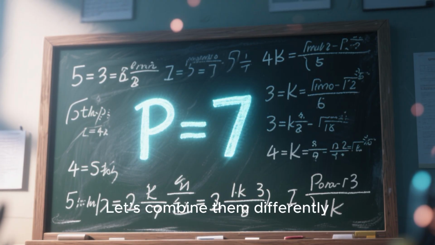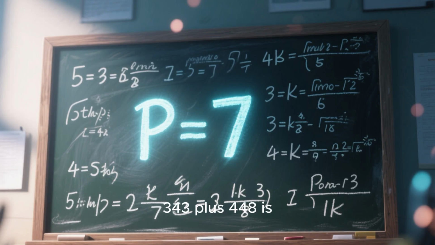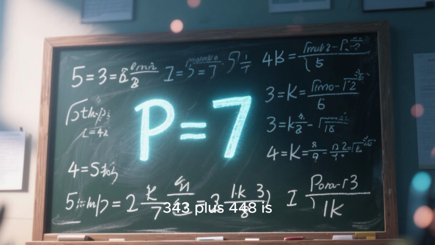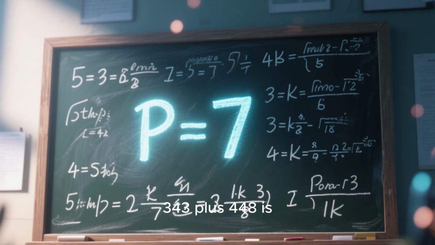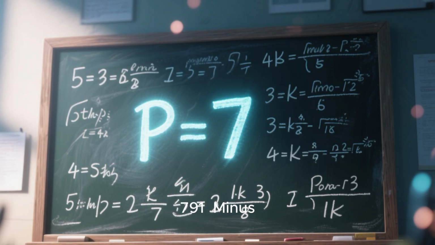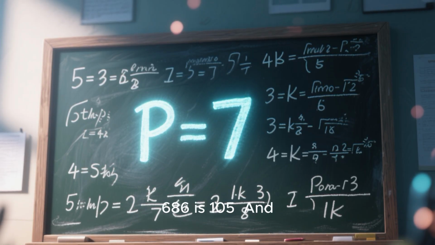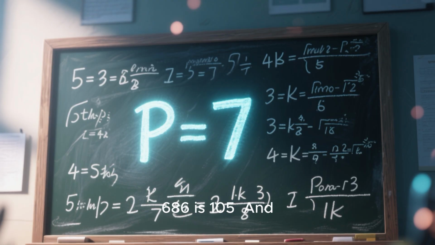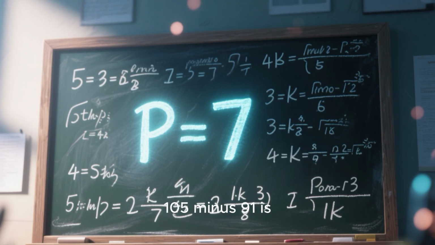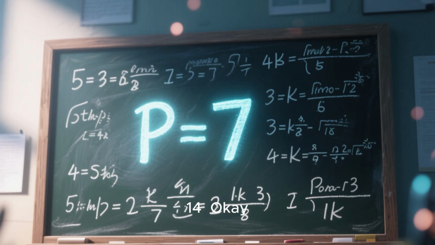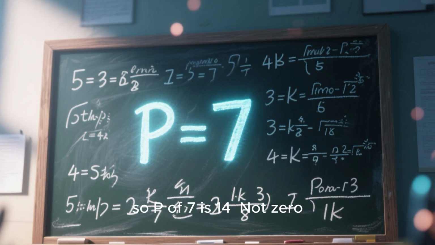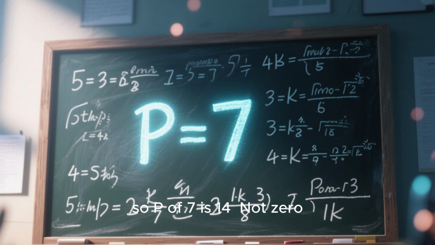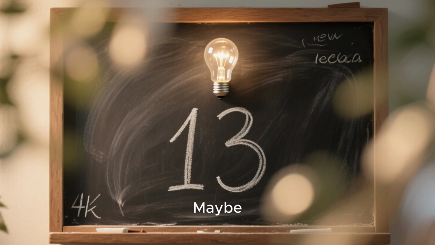Let's combine them differently. 343 plus 448 is 791, minus 686 is 105, and 105 minus 91 is 14. Okay, so P of 7 is 14, not 0.